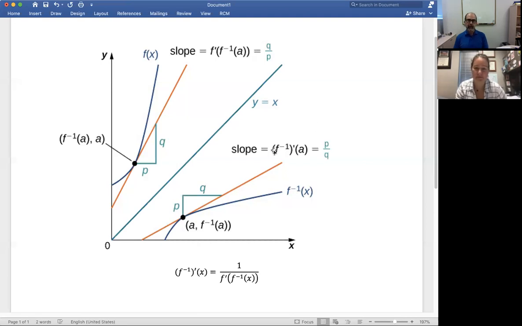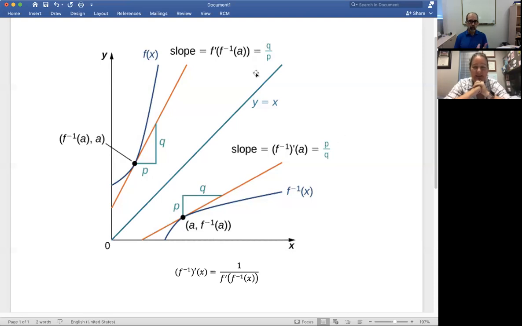Now, why do they have these points, a and f inverse of a, and all that? How do we know that works? Well, the points are reflected as well. Originally we said I want to know the tangent line at a. Well, the value of the inverse function is f inverse a, and when you reflect it about y equals x, that is also reflected. So then the problem is, everything's reflected, how do we make that into a nice little formula?